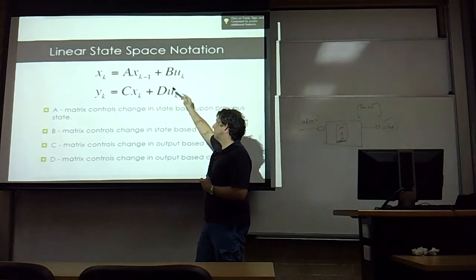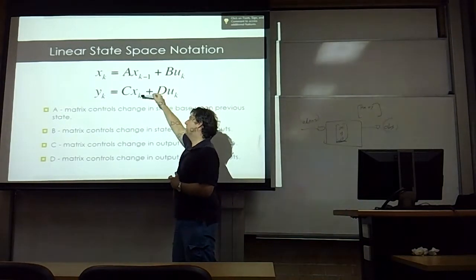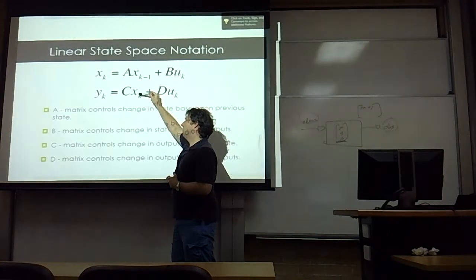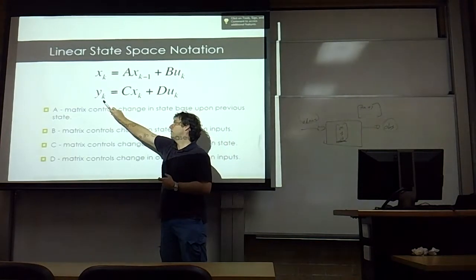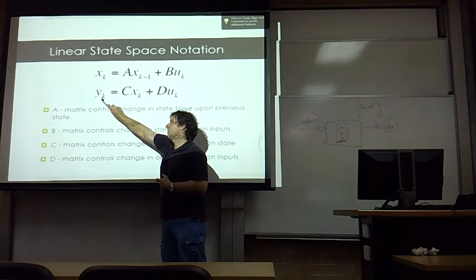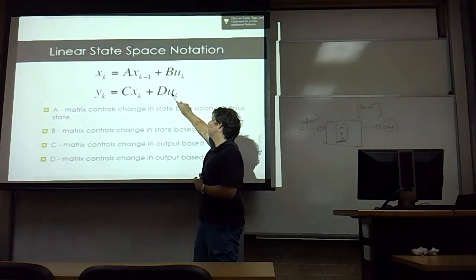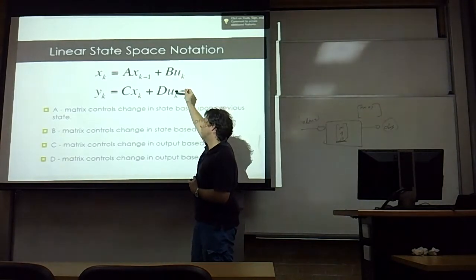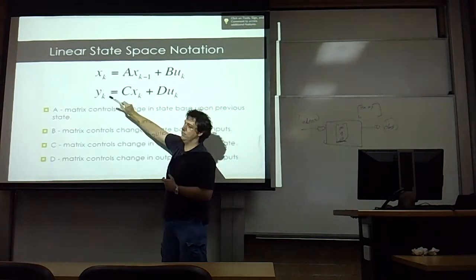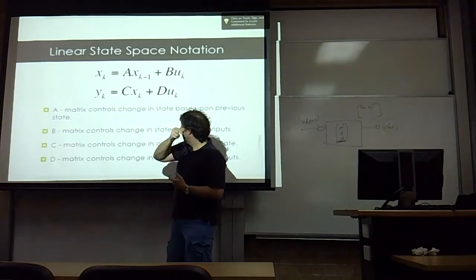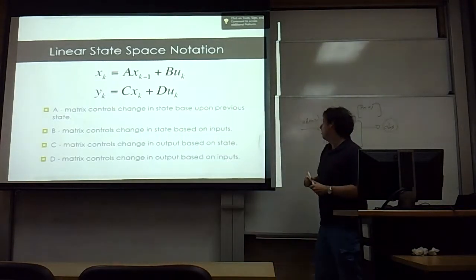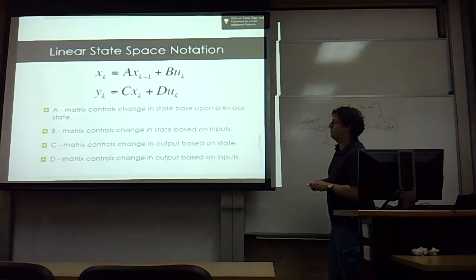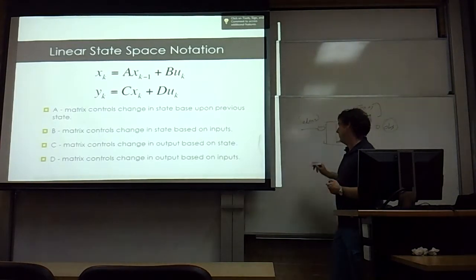The C matrix is the component of the new state that is a part of the output, and the D matrix is the amount of the input that is seen in the output.